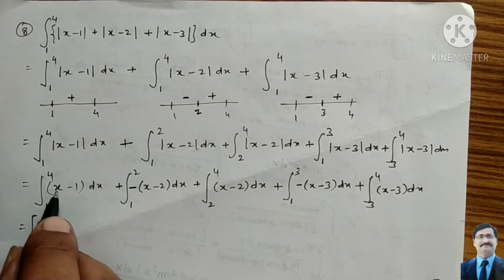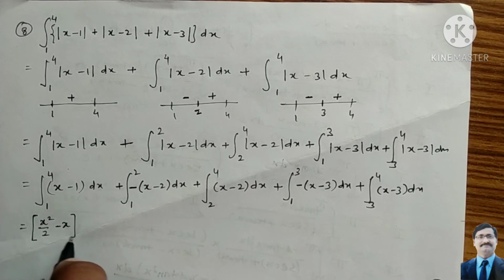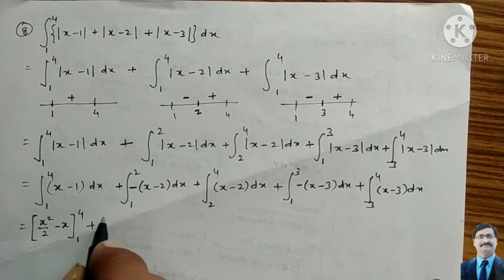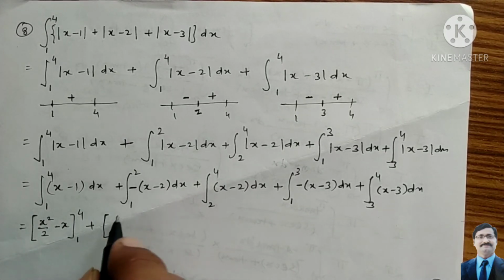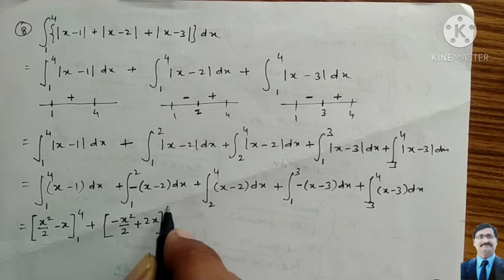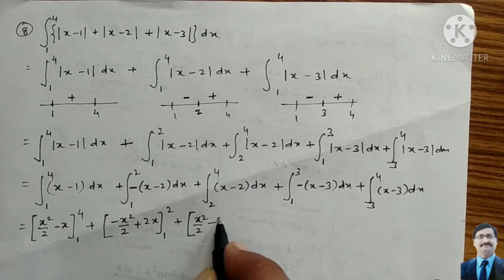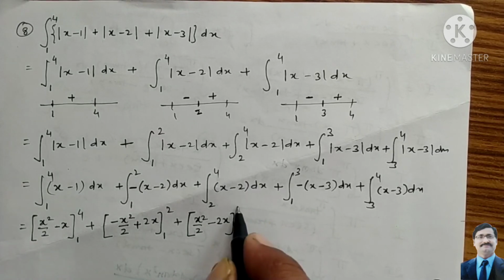So the integral of x is x square upon 2, and the integral of 1 is x, with limits 1 to 4. Here, minus x integral is minus x square upon 2, and minus minus plus 2, whose integral is 2x, from 1 to 2. And the integral of x is x square upon 2 minus 2x, from 2 to 4.